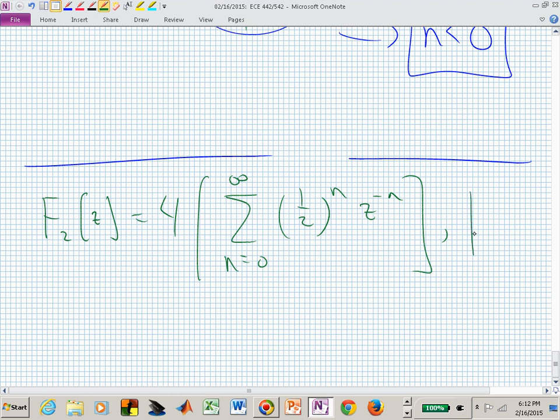Now we want 1 over 2z less than 1, or we now have z outside of 1/2 in value.